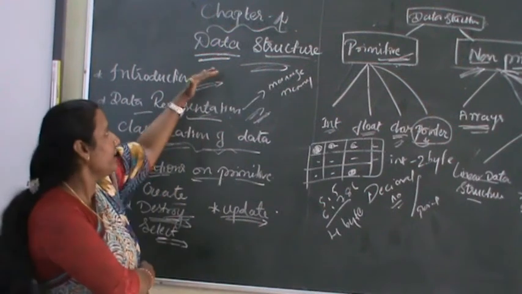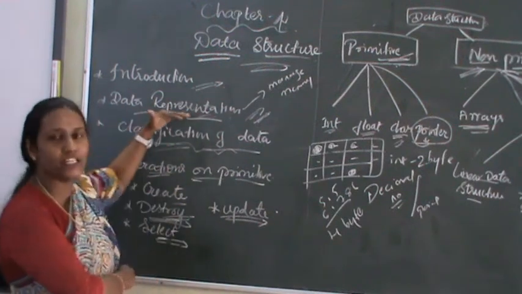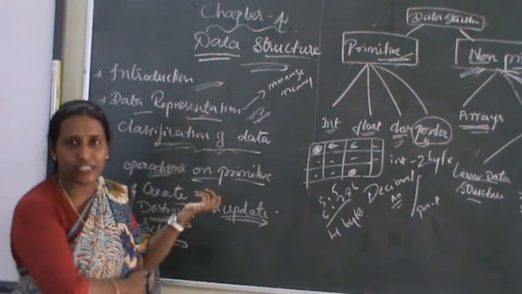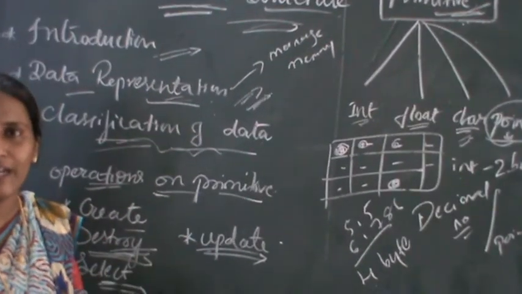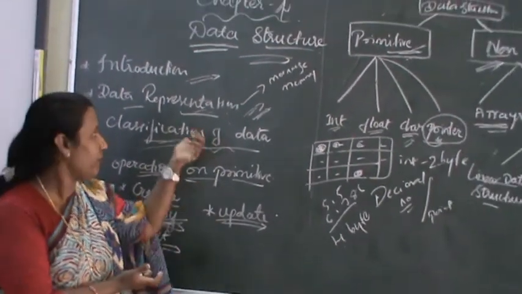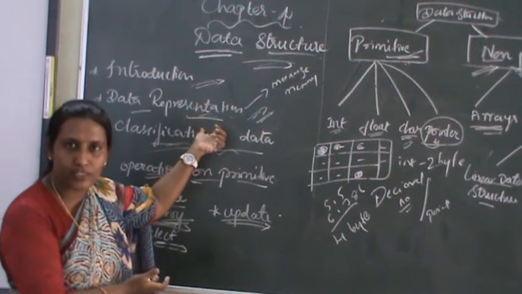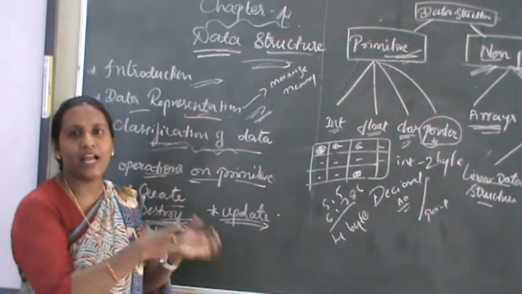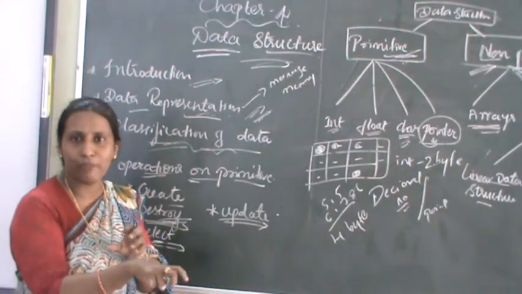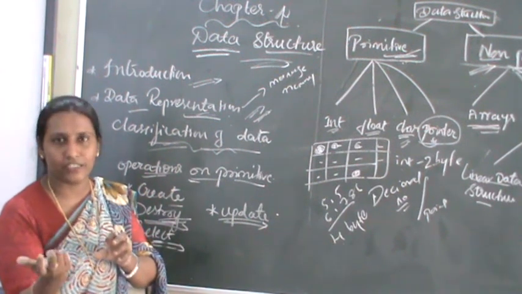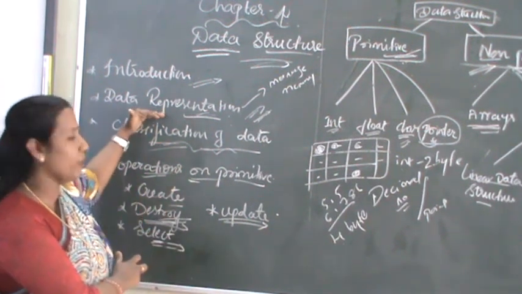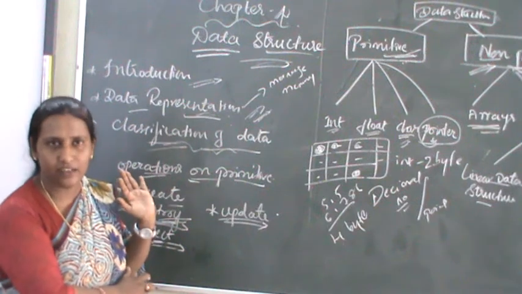Then the representation of data: why do we need it? Because of memory efficiency, we can write algorithms efficiently, the time is also reduced, and there is data allocation and deallocation. Allocation means memory will be allocated automatically and deleted automatically. Because of that we go for data representation.